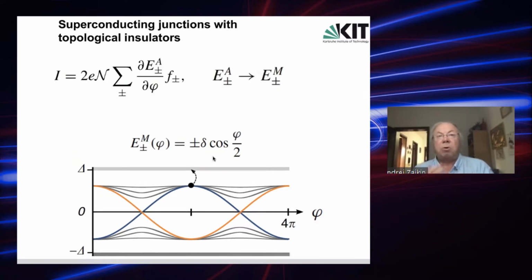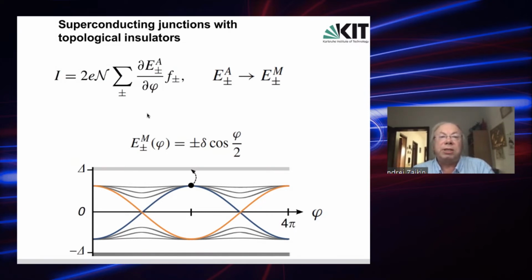Okay, so now the question is, what would be the Josephson current, the supercurrent, in the system? Unfortunately, the status of this theory is such that nobody has calculated this directly, but people still want to get some idea what the current is.